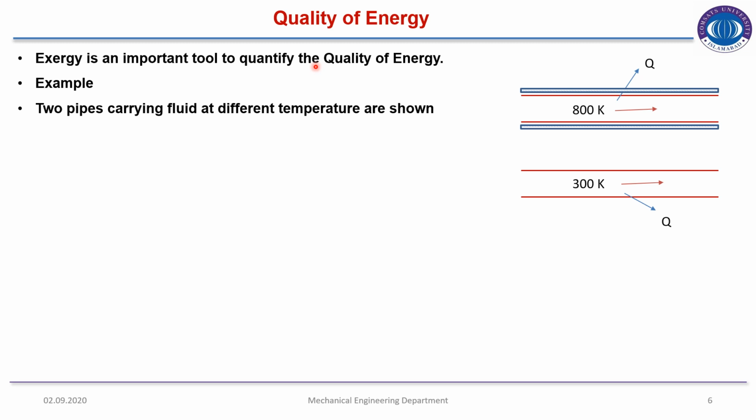We studied what is meant by the quality of energy, with the help of a heat engine connected with two different temperature thermal energy reservoirs. A heat engine is connected with a 1000 degrees centigrade reservoir and an 800 degrees reservoir, but the amount of heat Q absorbed by the heat engine from both reservoirs is the same.